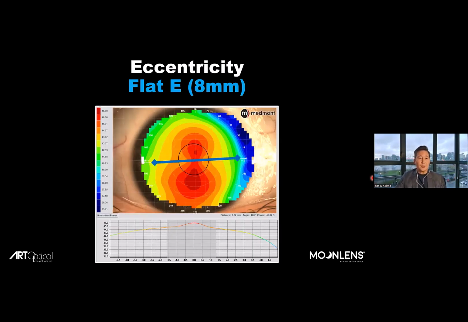Then you're going to capture the eccentricity. And if you're not familiar with this term, eccentricity is describing in topography the rate of corneal flattening, or the rate of change from the corneal apex to the periphery of the eye. The more your cornea changes in curvature, the higher the eccentricity value.